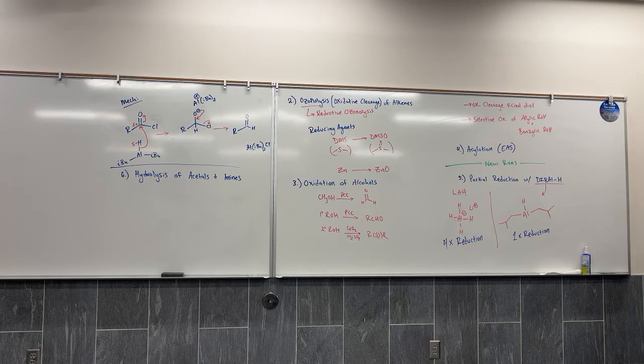Hydrolysis is... It doesn't have to necessarily, well, yeah, I don't know if I'd say look for a bond cutting, but it's a reaction with water. So when water is used as a reagent. In this case, it's acidic hydrolysis. We're using H3O+. So what are acetals and imines?